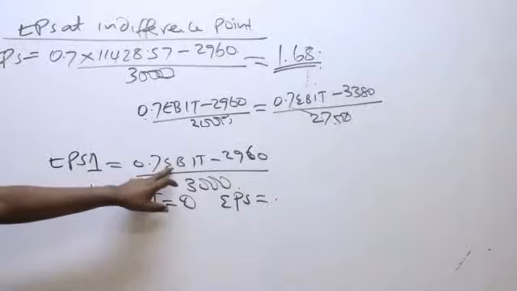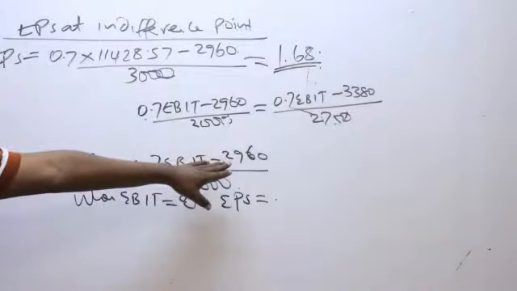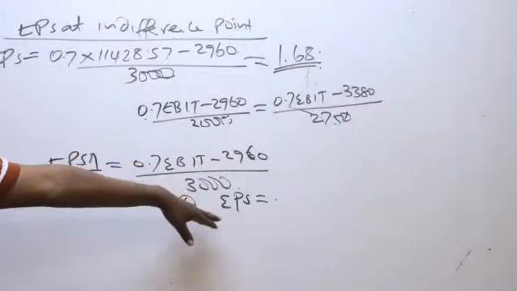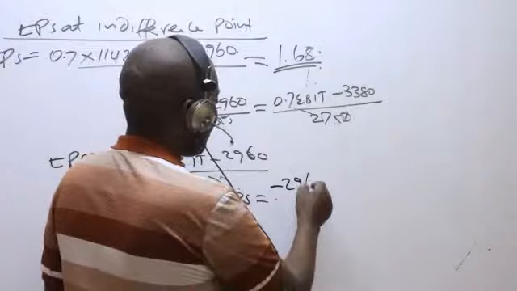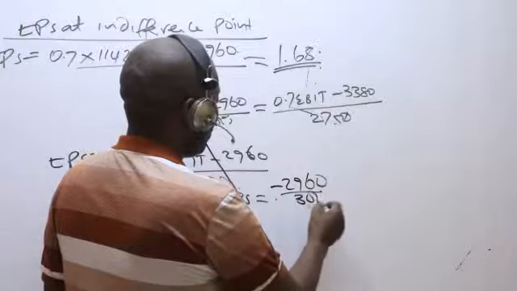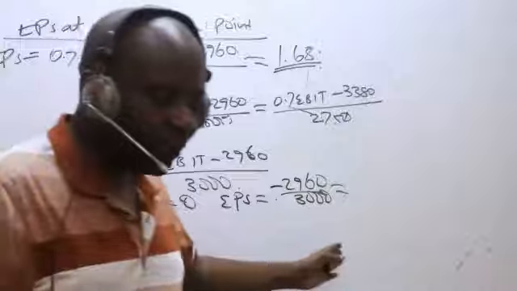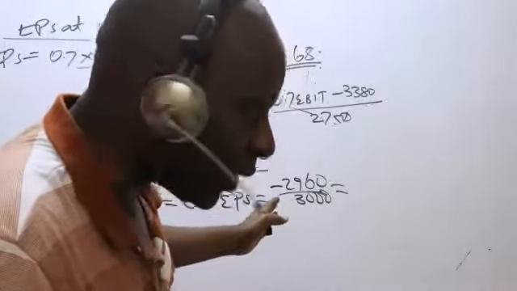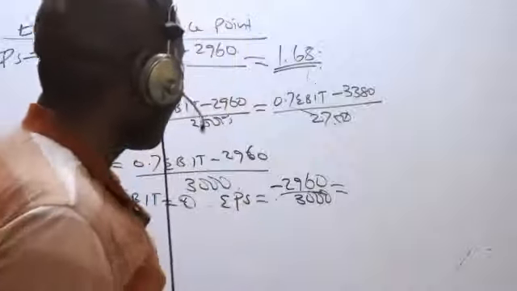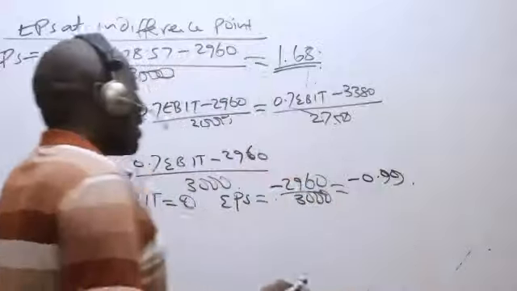When EBIT is 0, this will be 0 minus 2960 all over 3,000, which will give me minus 0.99. And then we have the second point.